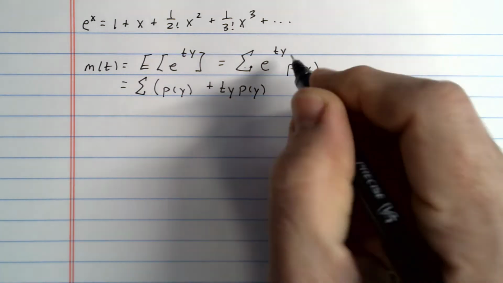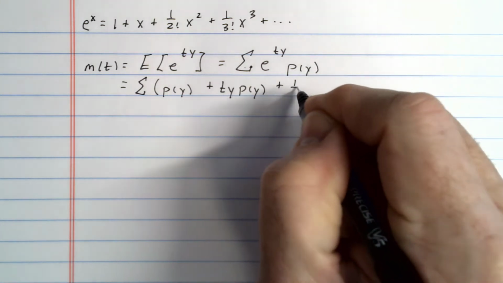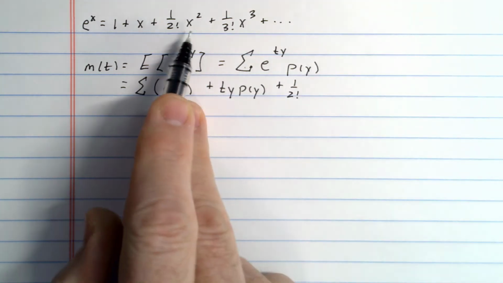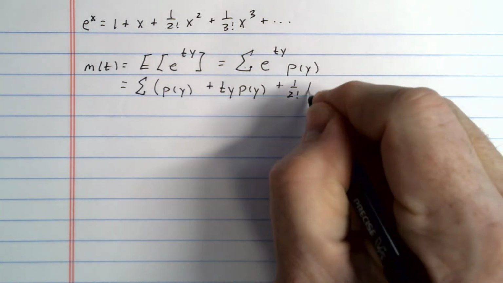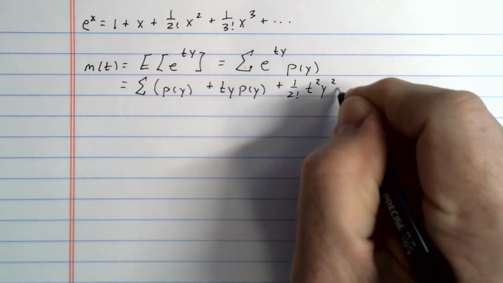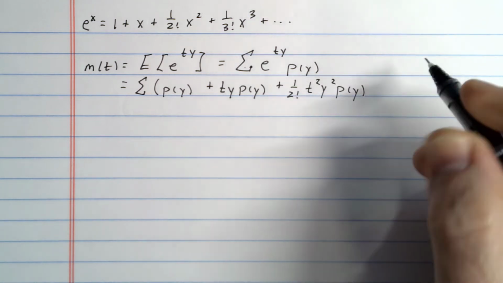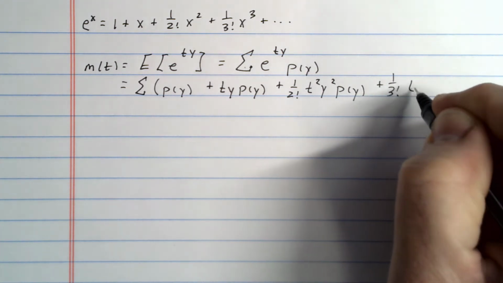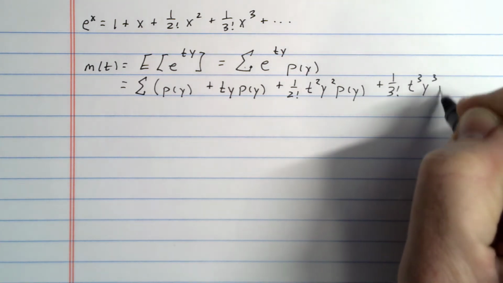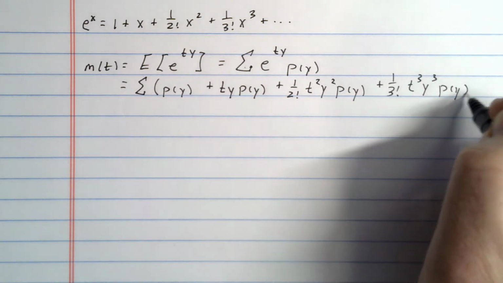And then we would get 1 over 2 factorial. This x squared, we're going to put a ty there, so that would be t squared y squared, multiplied by p of y. Then 1 over 3 factorial t cubed y cubed times p of y, and so forth.